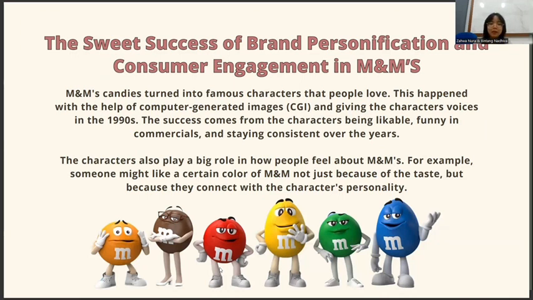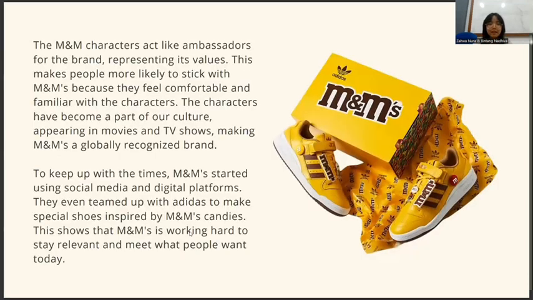For example, someone might like a certain color of M&M not just because of the taste, but because they connect with the character's personality. The M&M characters act like ambassadors for the brand, representing its values. It makes people more likely to stick with M&Ms because they feel comfortable and familiar with the characters.